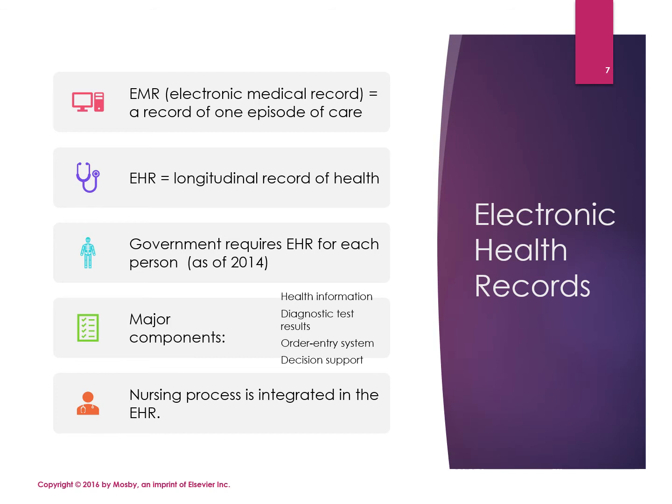The nursing process is integrated into the EHR through documentation related to each of the 5 steps: assessment, diagnosis, planning, implementation, and evaluation. Diagnostic findings include current and historical results from procedures, lab tests, and X-rays.